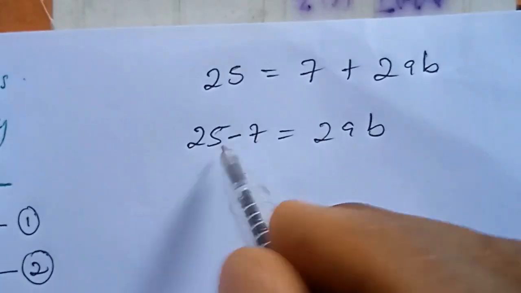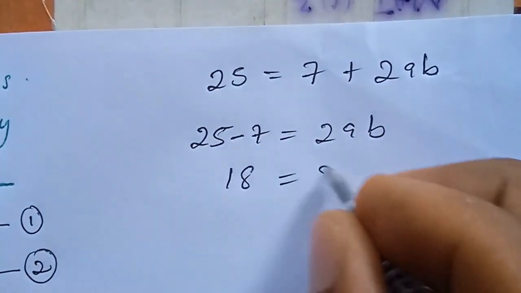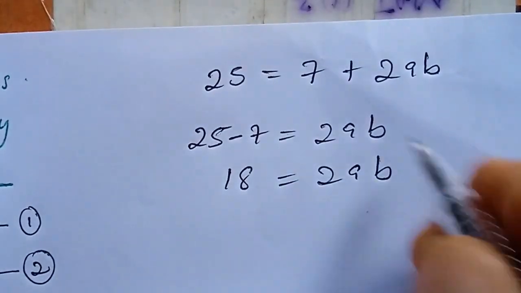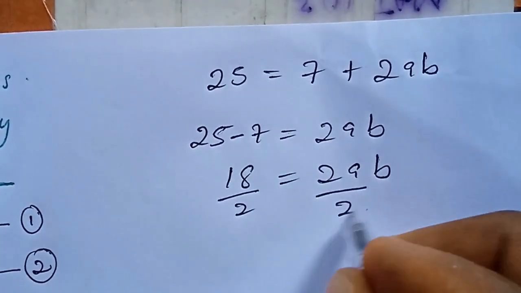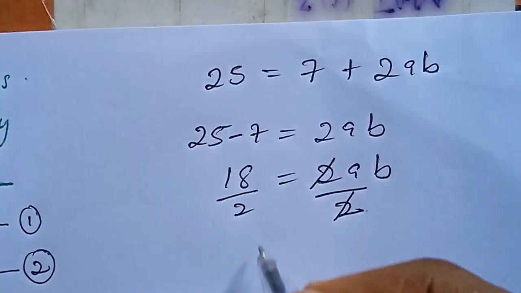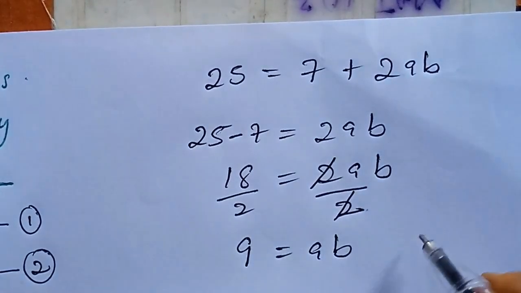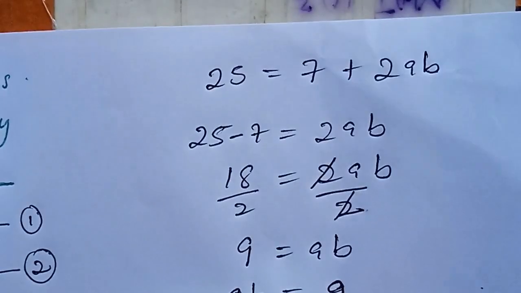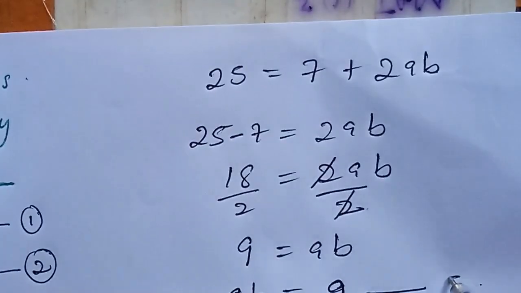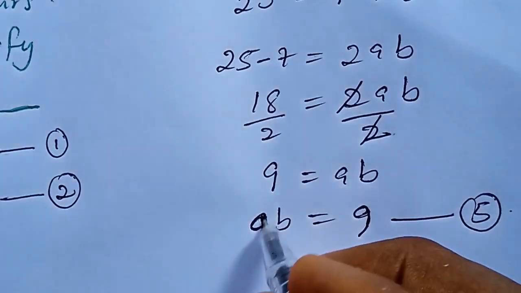If we simplify, we will have 18 equal to 2ab. Now we can divide both sides by 2, and this cancels out this. So we get 9 equal to ab. From here, we have that ab equal to 9, and we call this equation 5.